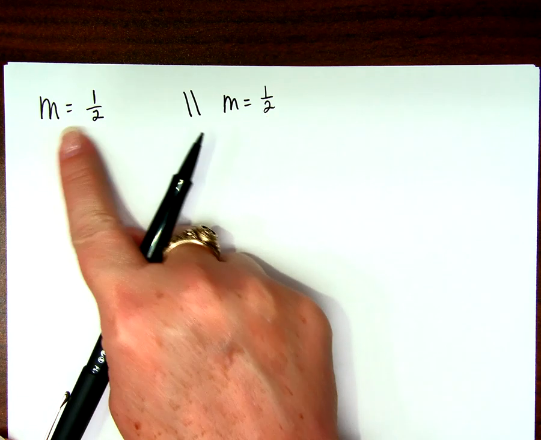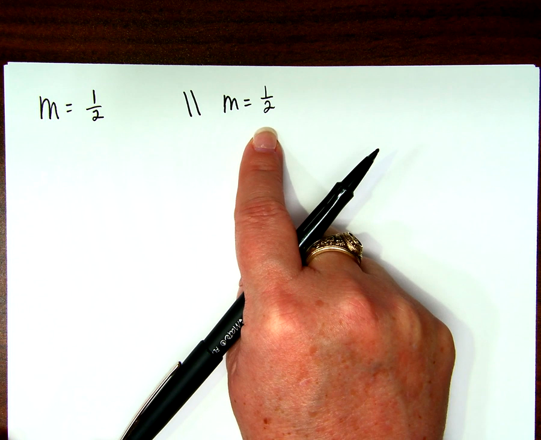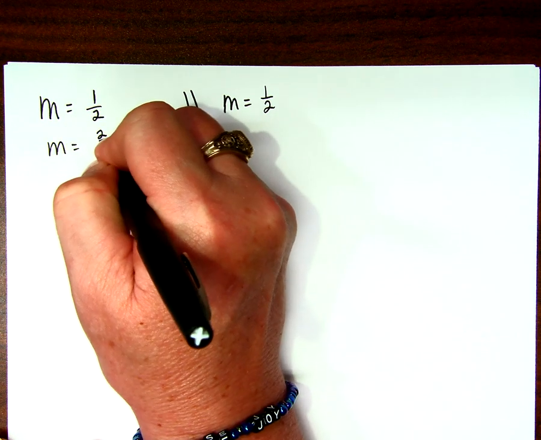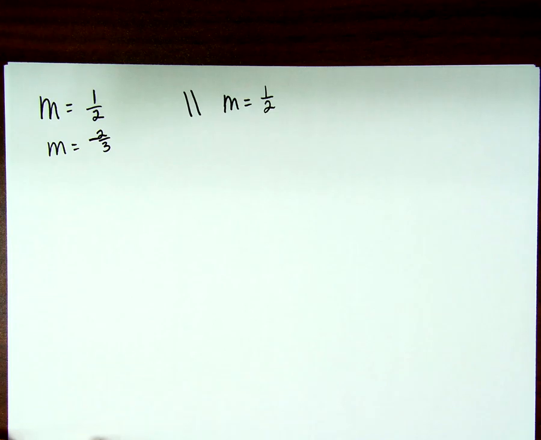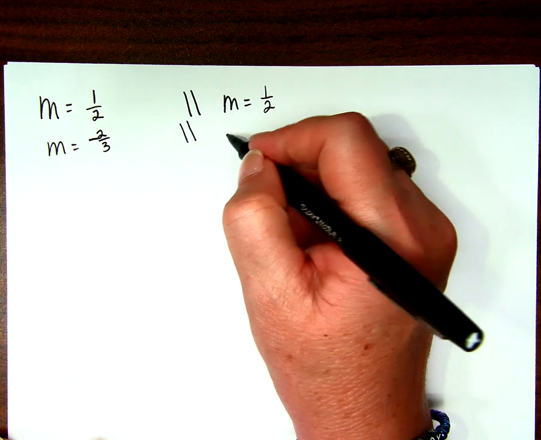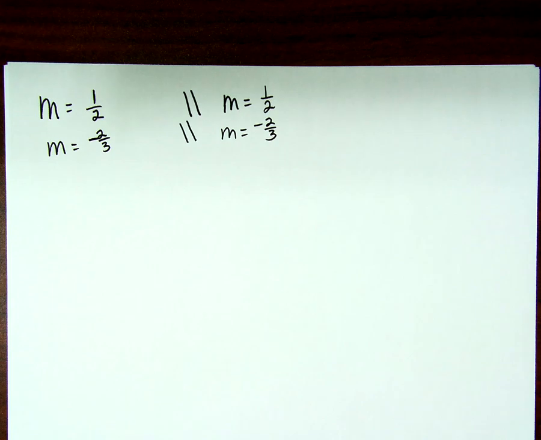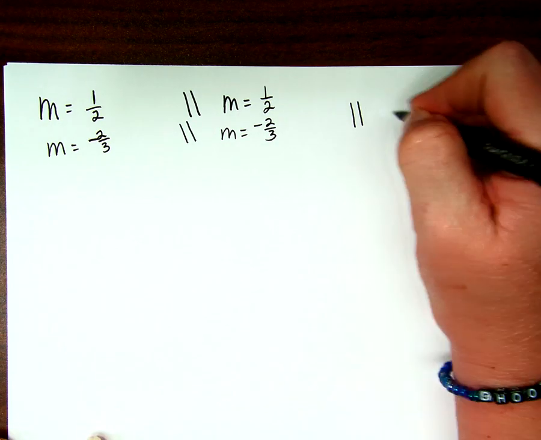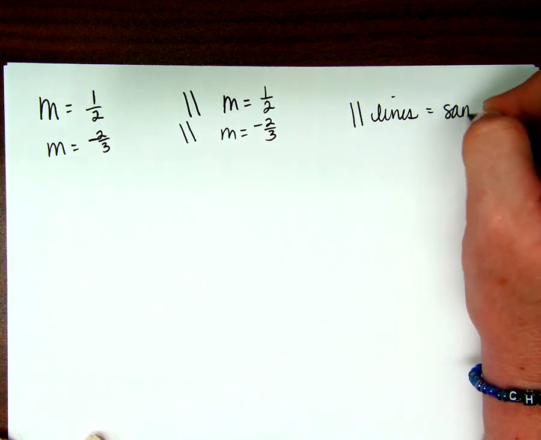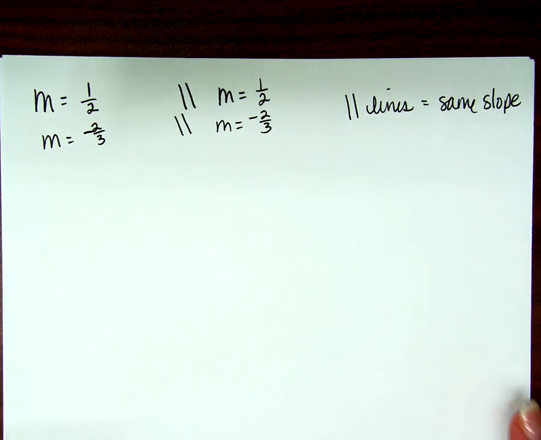So if one line has a slope of 1/2, a line that's parallel to it will have a slope of 1/2. If one line has a slope of negative 2/3, what's the slope of a line that's parallel to it? Negative 2/3. Okay, so parallel lines have the same slope.